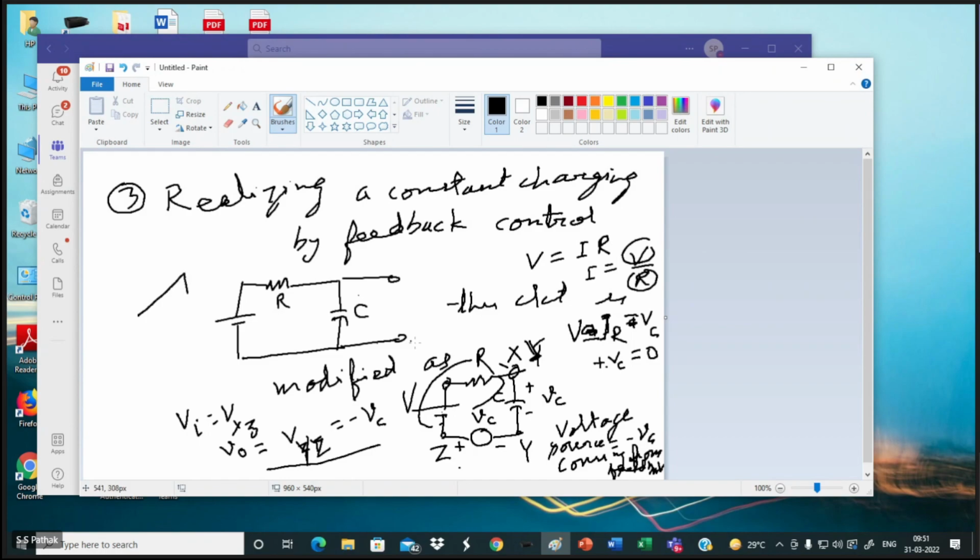And there is a switch here, that switch will be closed at T equal to delta T minus NTS.